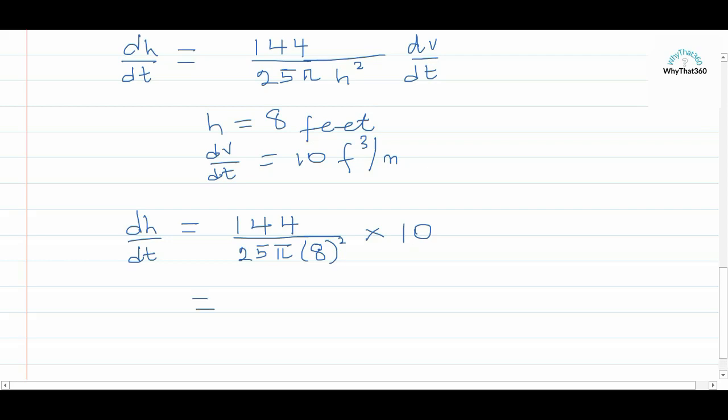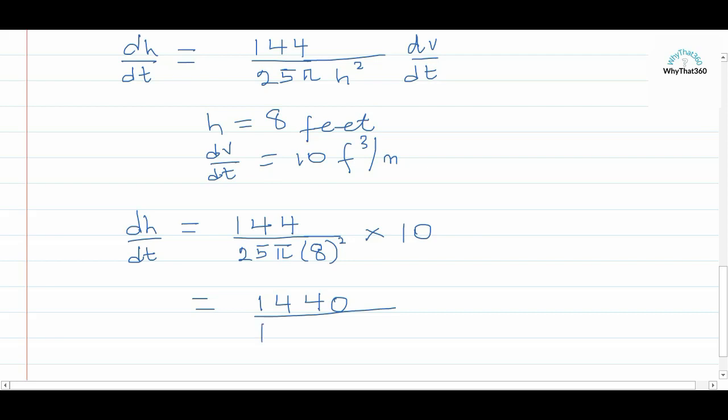So we will get dh/dt to be 1440 divided by, 8 squared will be 64, times 25 will be 1600.